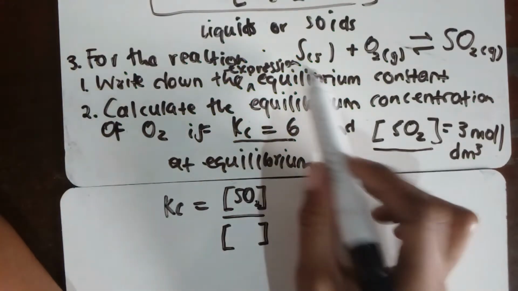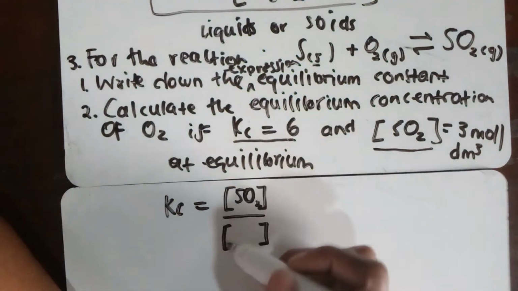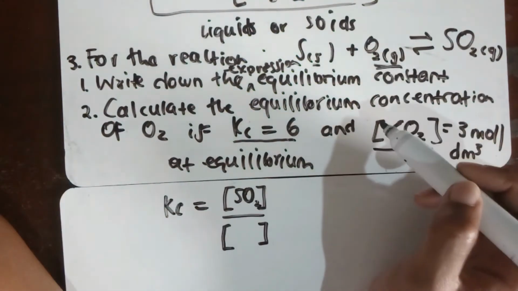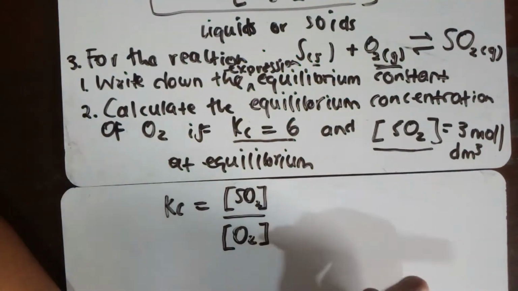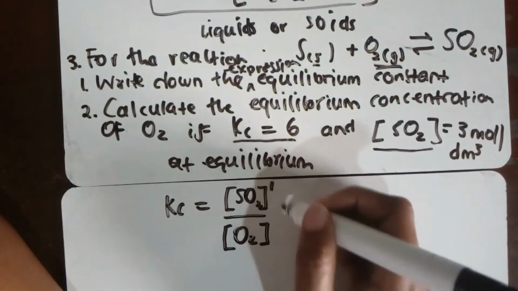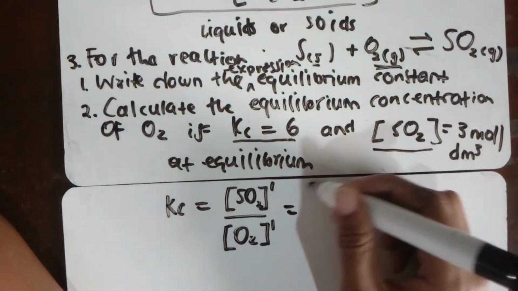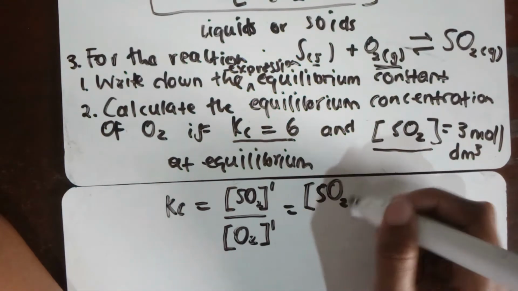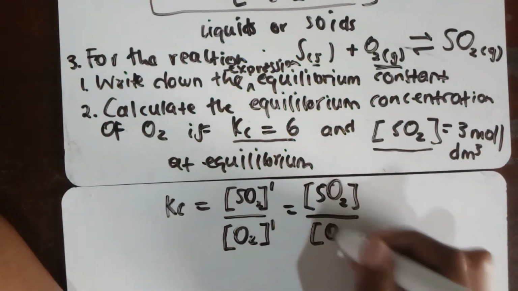Sulfur is a solid, so we don't include it in our expression. We only include gases or aqueous solutions. So we would have O2. Then you check that the coefficient of all of them is 1, but if an exponent is 1, you don't necessarily have to write it. So the expression will just be this way.